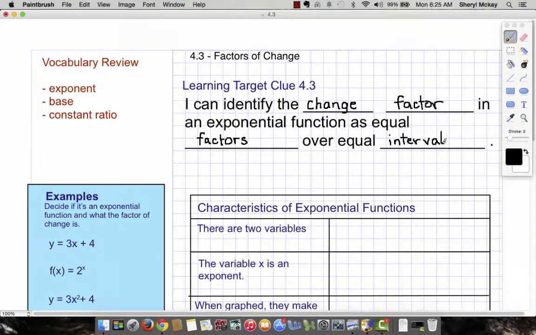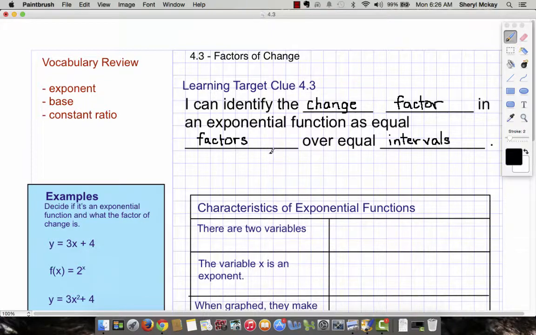often represented by slope. And it was equal differences over equal intervals. So as x changed in an interval, usually by 1, but could have been more than 1, there was a difference that was added to or subtracted from each y.